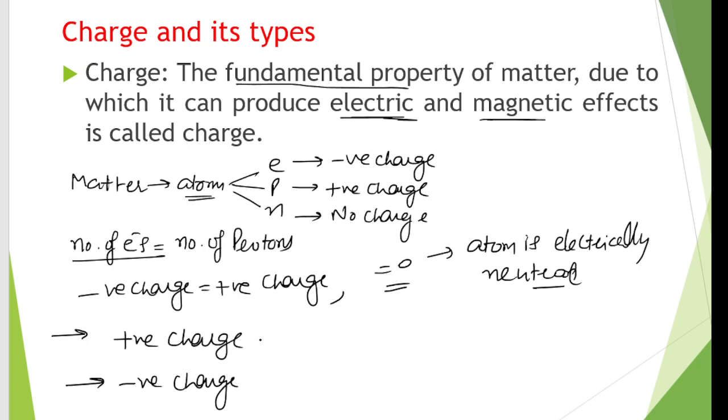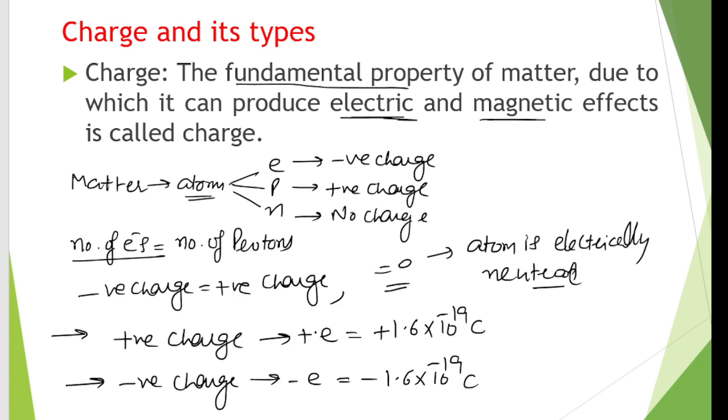The minimum positive charge value is the charge on one proton, which is equal to 1.6 times 10 to the power minus 19 coulomb. Negative charge is the charge on the electron, equal to minus e, and its value is negative 1.6 times 10 to the power minus 19 coulomb.